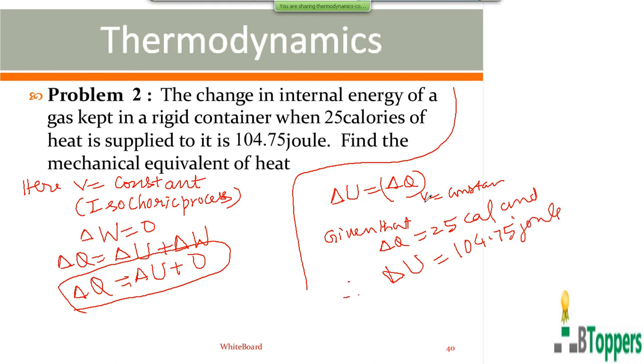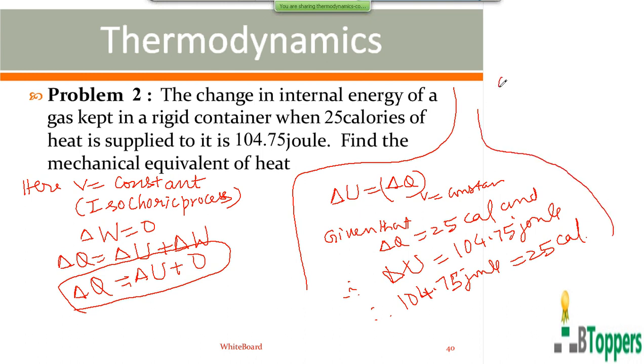So therefore we can substitute these values. 104.75 joules is equal to 25 calories.